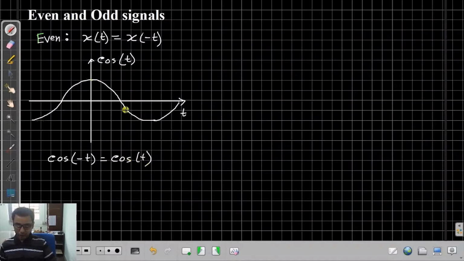So such graphs look symmetric with respect to the vertical axis or t equal to 0 axis.